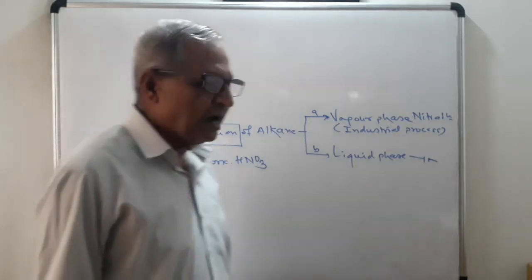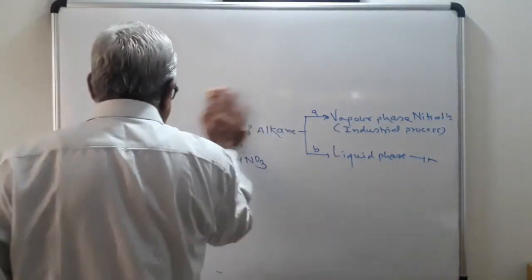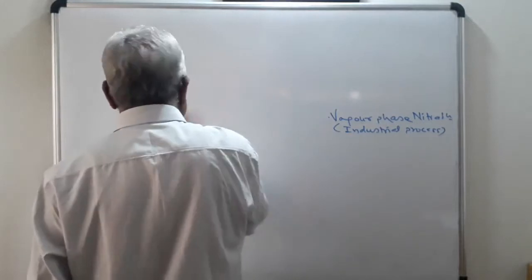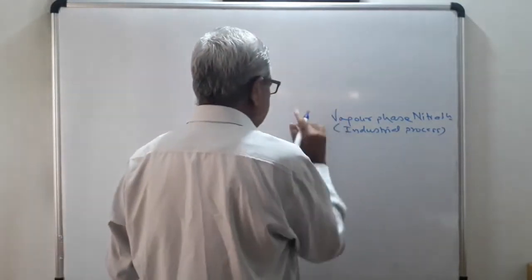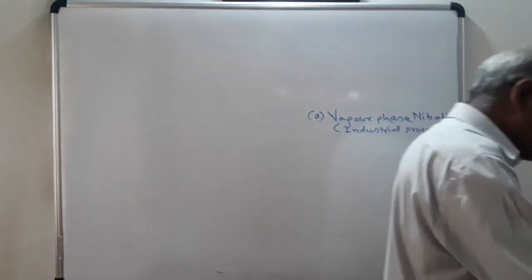Actually, there are two parts. A part is vapor phase nitration, B part is liquid phase nitration. So I will explain A part, that is the vapor phase nitration. So give the title A part, vapor phase nitration. This is the industrial method.